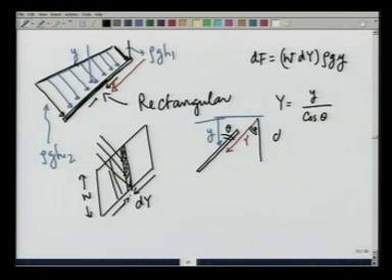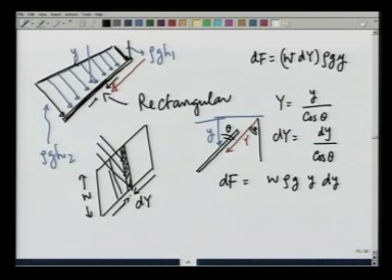So, d capital Y is equal to dy over cosine of theta, and therefore, dF is equal to W rho g y dy over cosine of theta.